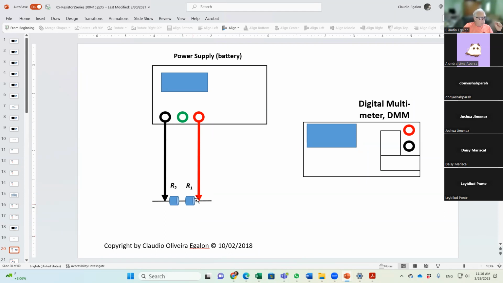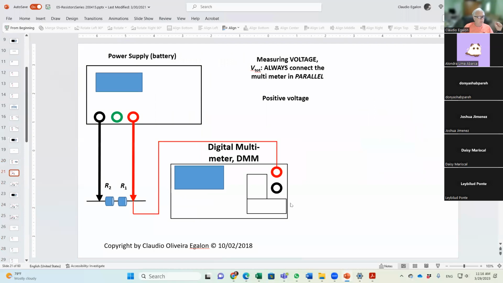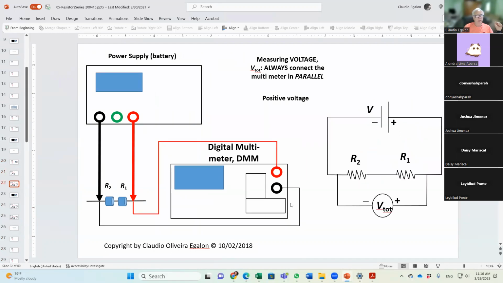The voltage across this resistor I call V1. The voltage across this resistor I call V2. But the first thing that we do is to measure the total voltage, just like we see here in my circuit schematic. The multimeter is being connected in parallel.